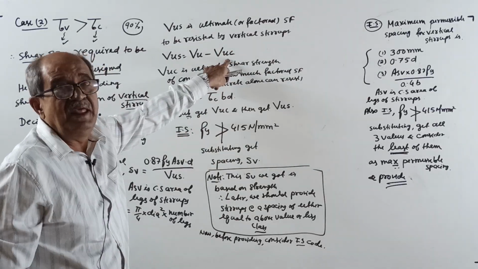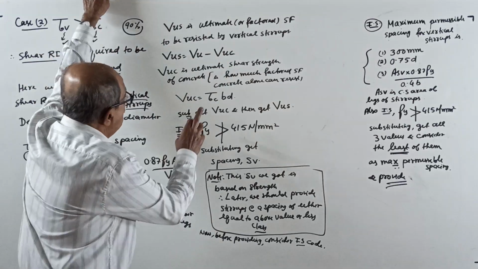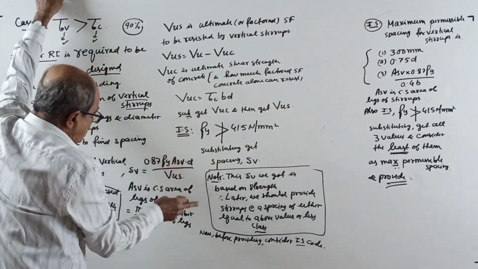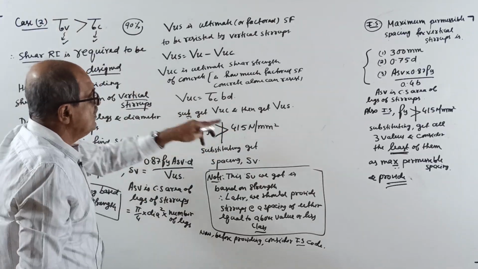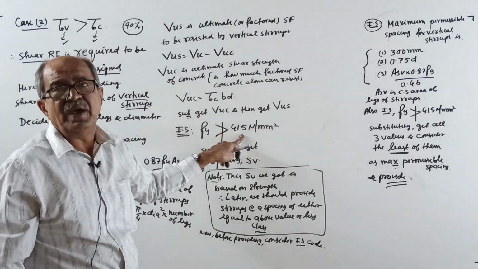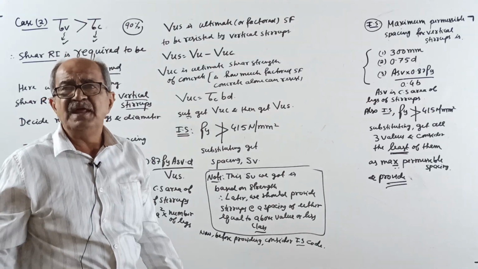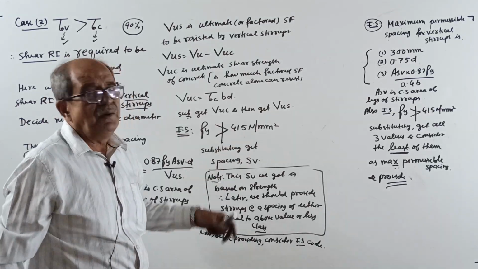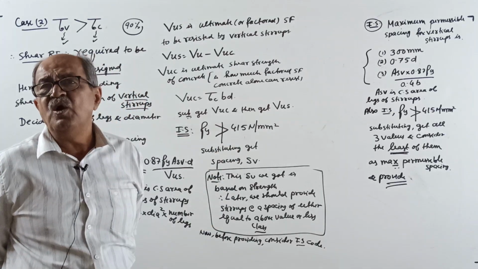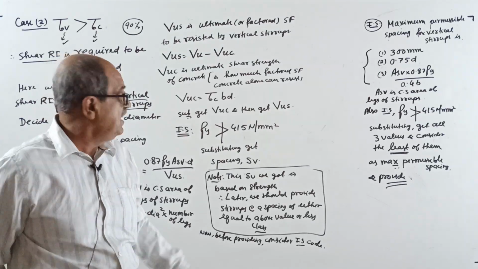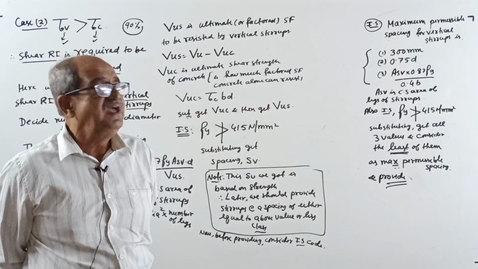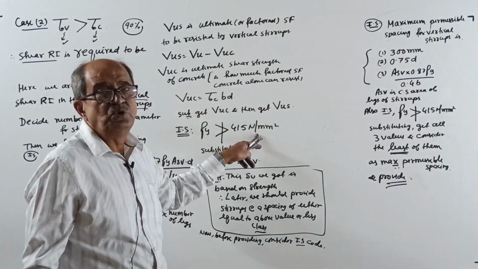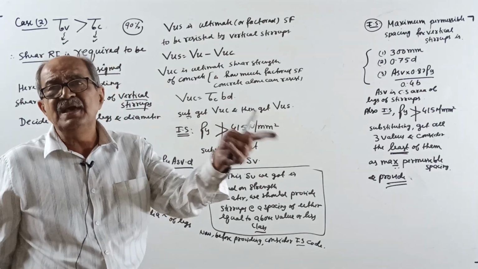Now, one condition: IS code says the value of fy is not to be taken more than 415 Newton per mm square. If fy is less than or equal to 415, take it as is. But if you are using Fe 500 steel, for shear reinforcement you should take 415 only. Numericals, I will explain.